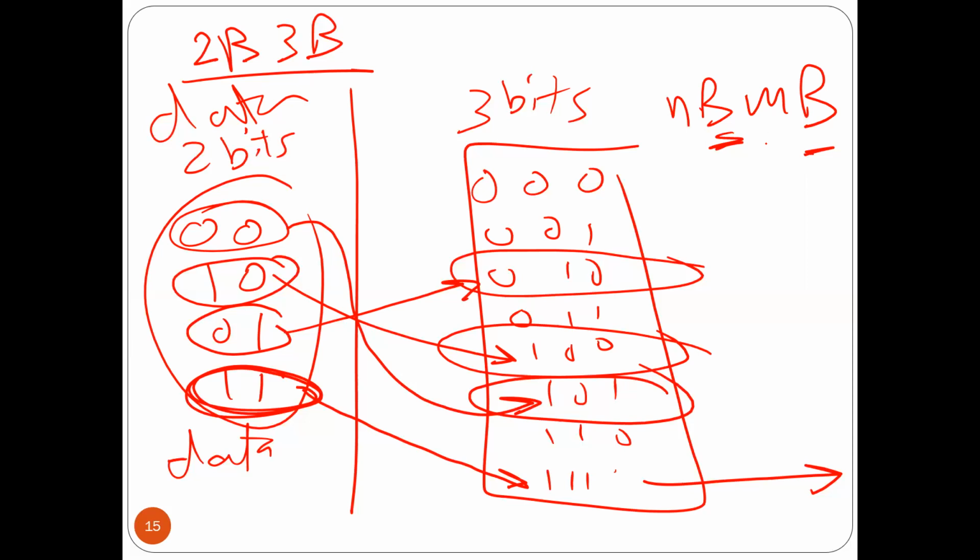For sure, in this case, M has to be greater than N, otherwise I didn't do anything. So this number has to be greater than this number, so that I'm gonna have here more options than what I have here. And this will give me the ability to select good patterns from here. Is that okay? Any questions?